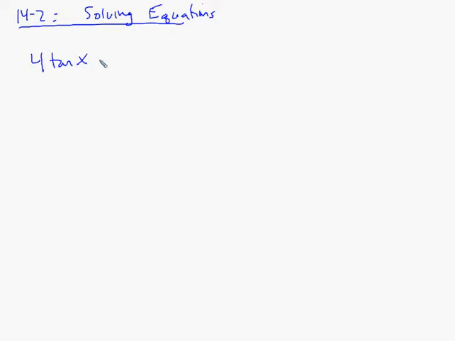All right, so this is section 14.2, and we're solving trig equations, but these are going to be more difficult than something like that. So let's say we have something like this: 4 tangent of x equals 3 plus tangent of x.